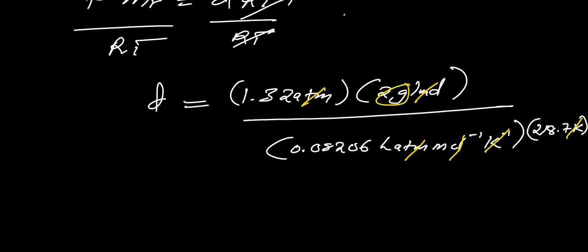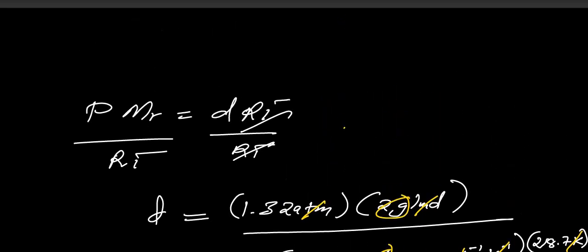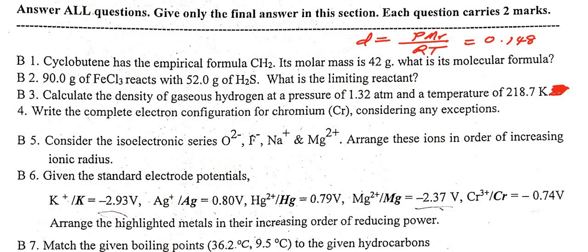You see how only grams per liter remains. So that should have been our answer here. This is grams per liter, but you need to use the correct R value, because the R value you used is for a different type of pressure. That one is mostly used when the pressure is not even given in the question. So, is this okay?